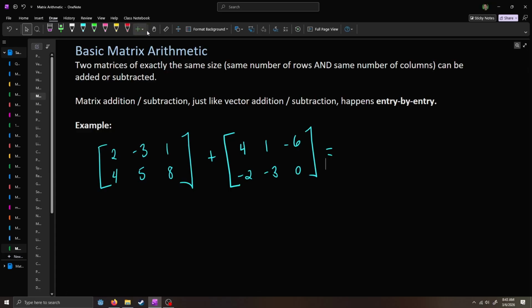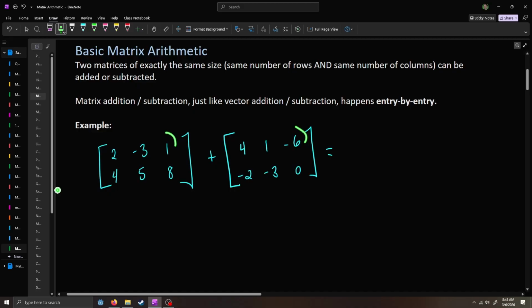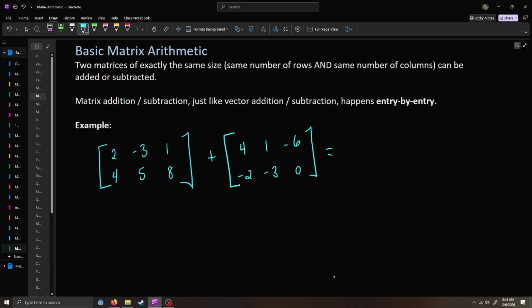And to do that, all that I'm going to do is add them together entry by entry. So I'm going to add this 2 to this 4. I'm going to add this 3 to this 1. I'm going to add this 1 to this minus 6, and so on. I'm going to add together these matrices entry by entry.